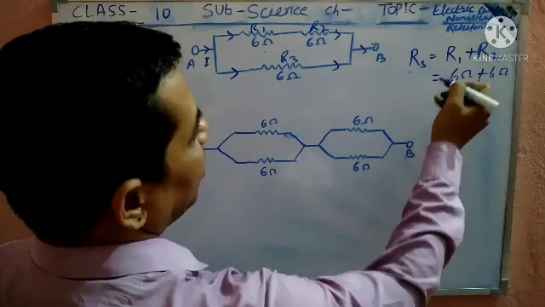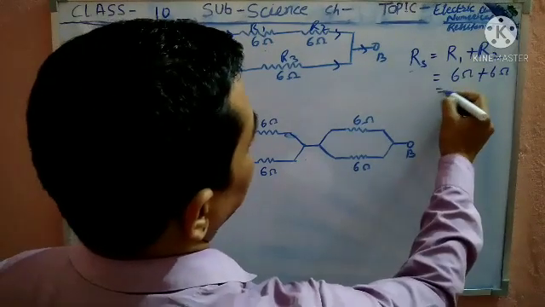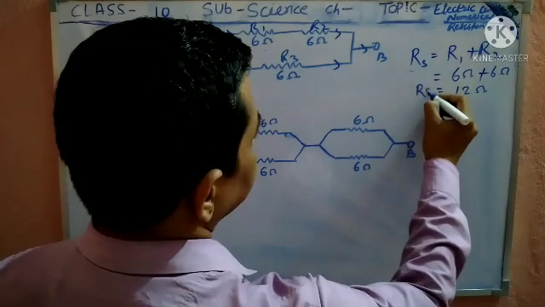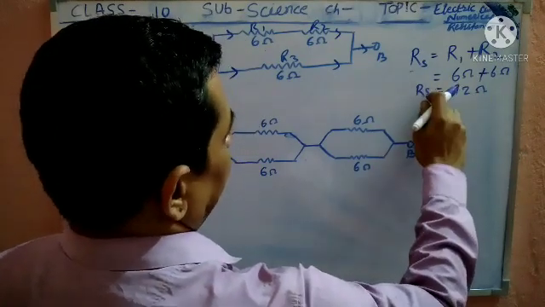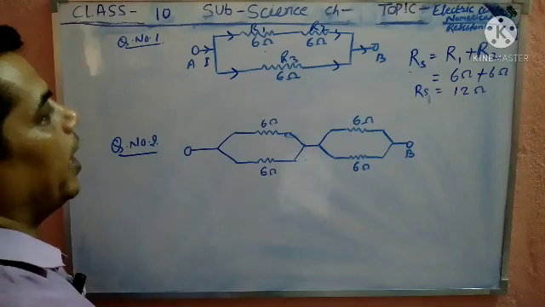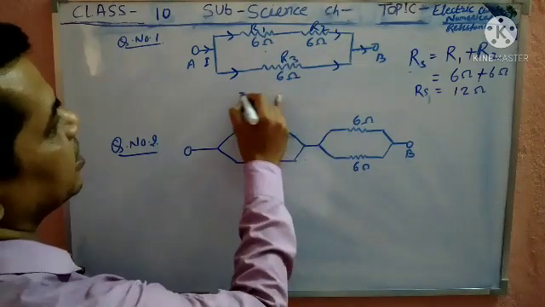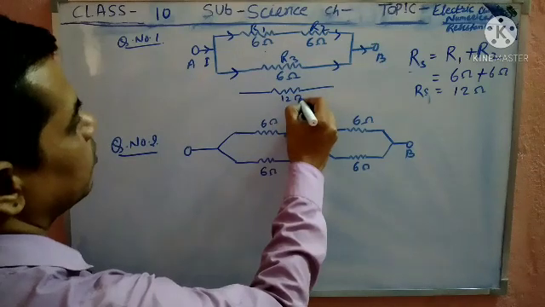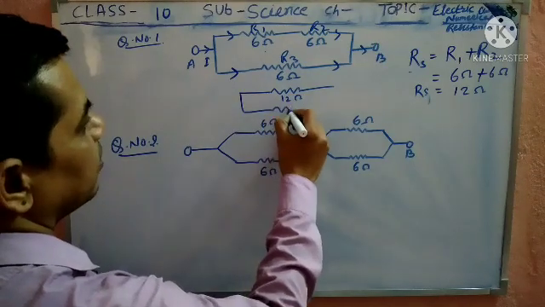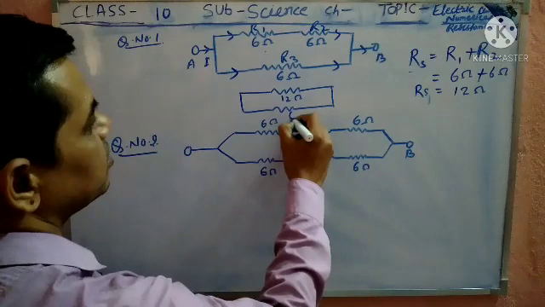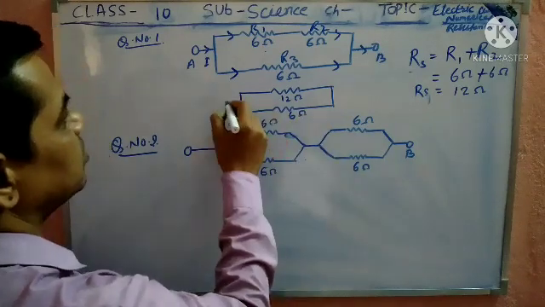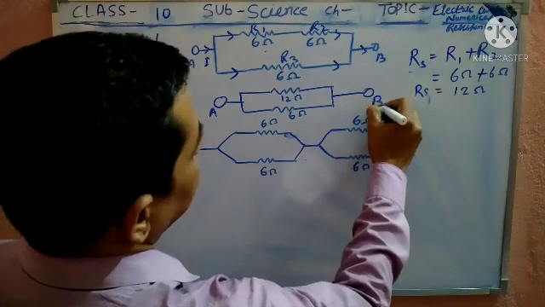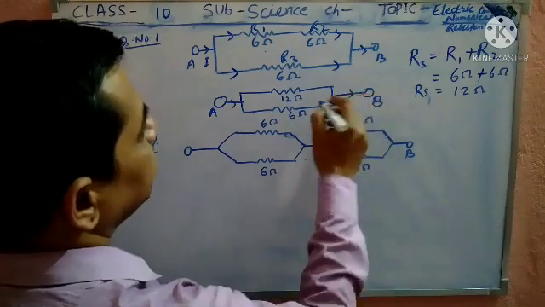So R series equals 12 ohm. This branch is 12 ohm, and the other branch is 6 ohm, between A and B.